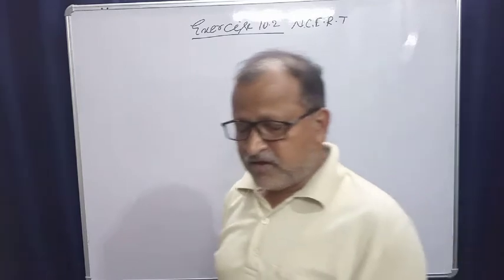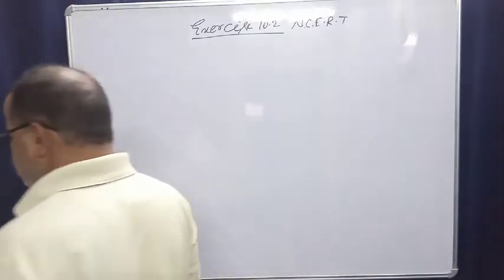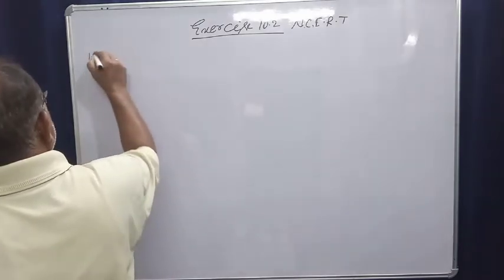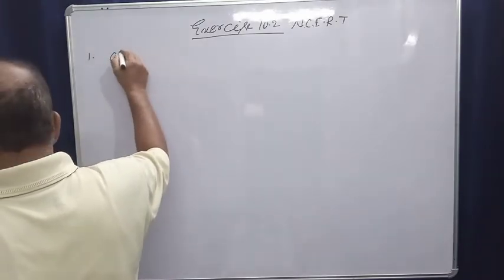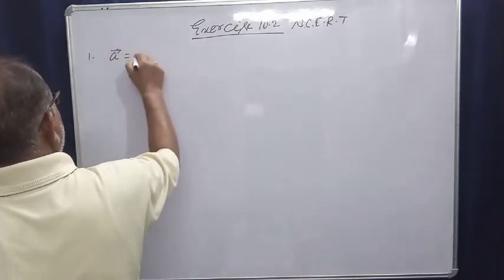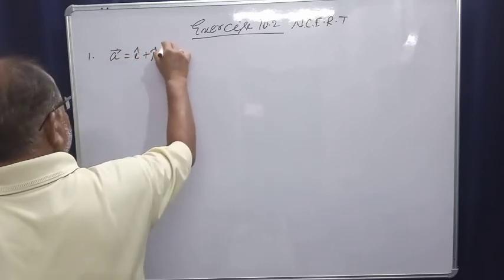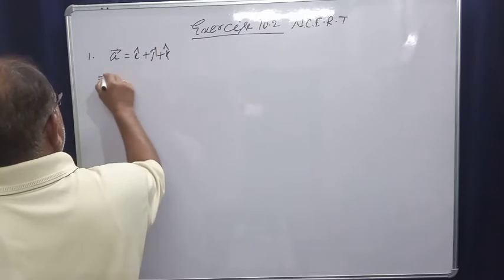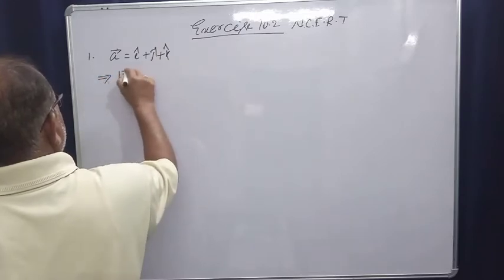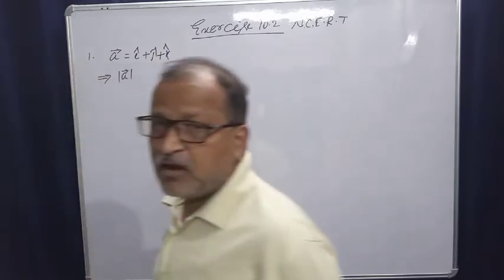How can we get the magnitude of a vector? Suppose one example I may solve. Question number 1. A is I cap plus j cap plus k cap. So magnitude of A is represented by this symbol.